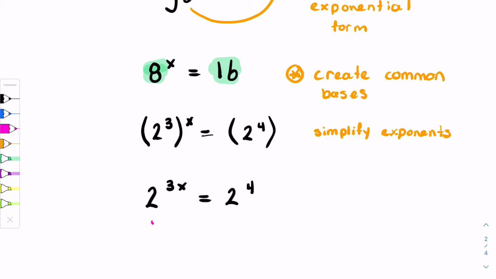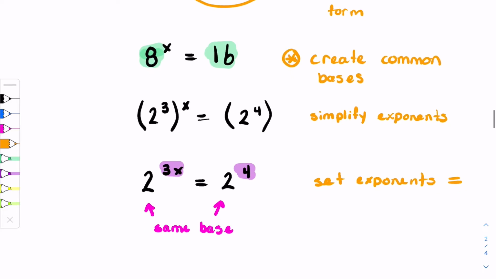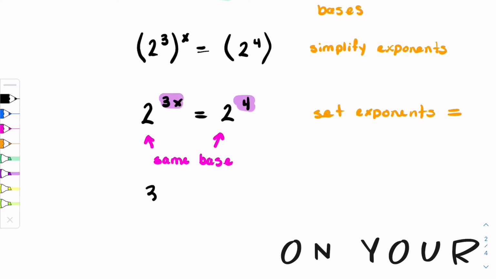Once you have the exact same base with one single simplified exponent, you can set your exponents equal. We now know that 3x is equal to 4, or we know that x is equal to 4 over 3.